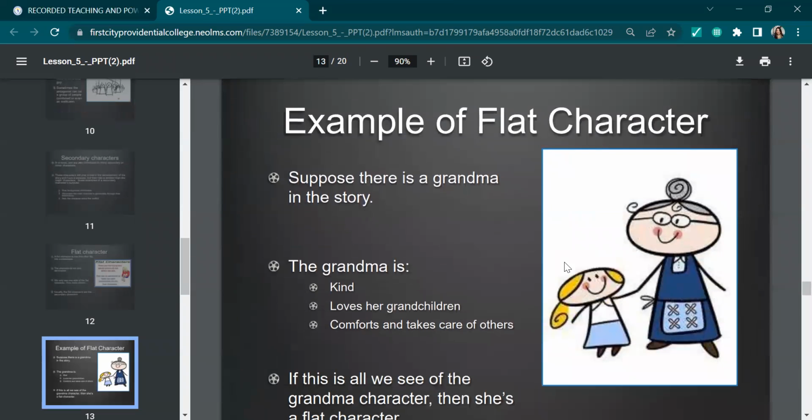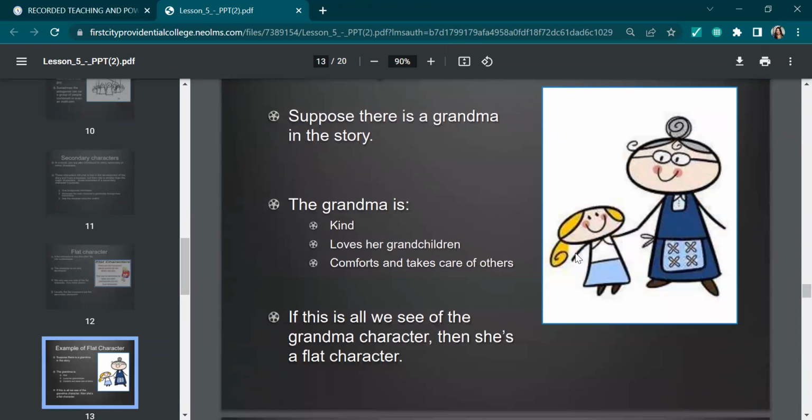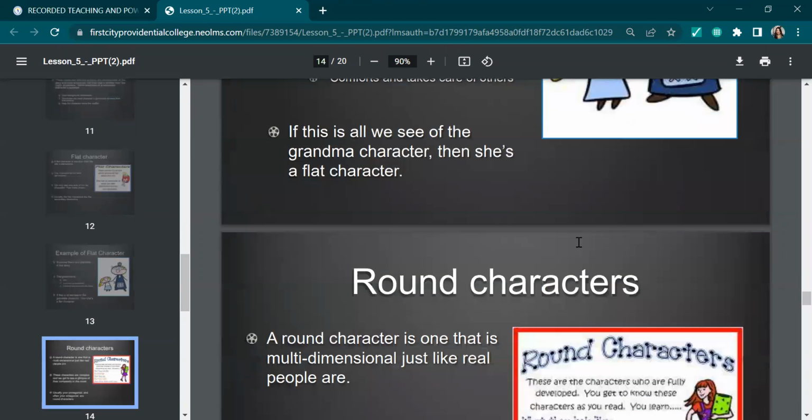Example, grandma in a story. More likely a grandma is always kind, loves her grandchildren, comforts and takes care of others. If this is always what we see of the grandma character, then she is a flat character in the story.